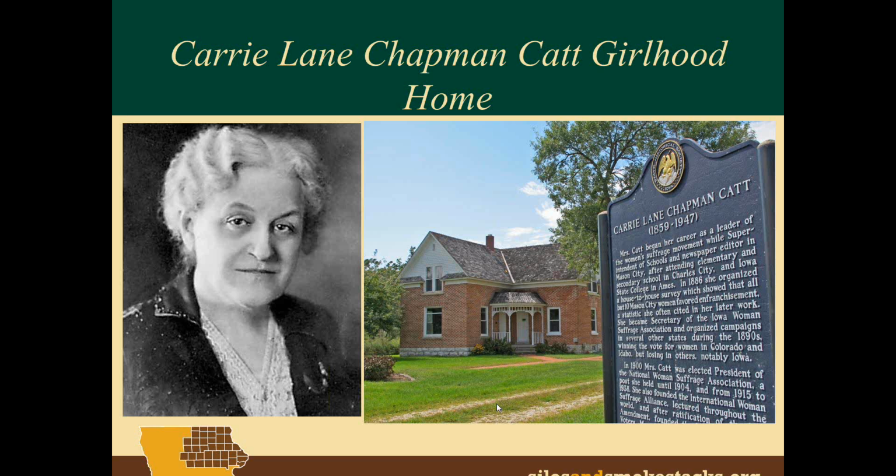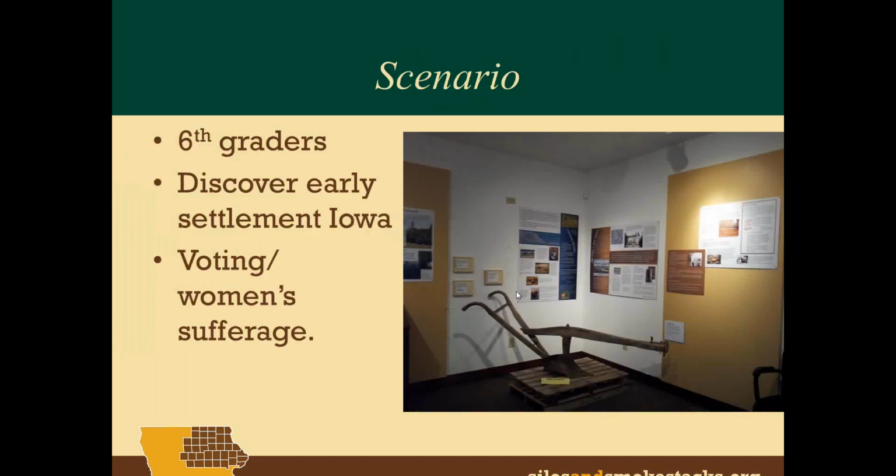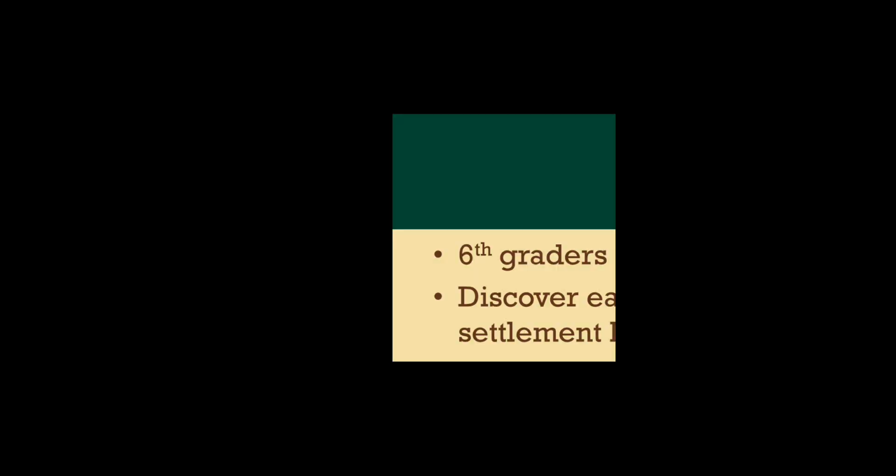So quick, pull it out and look. And hopefully, there we go. So the scenario is 6th graders. The teachers want to discover early Iowa settlement, and they're also studying voting and women's suffrage rights.